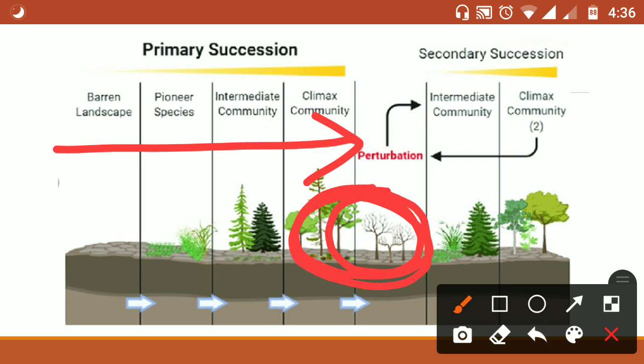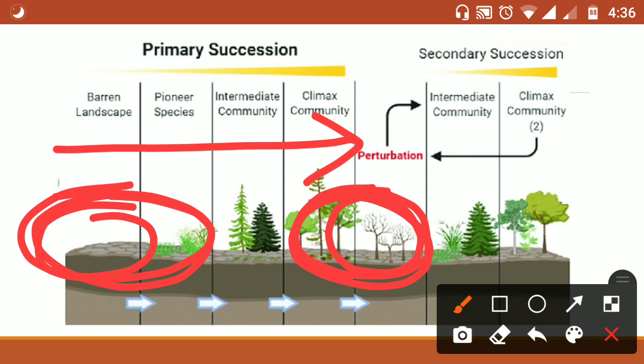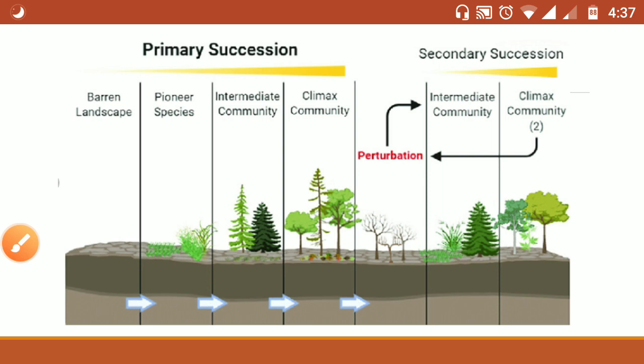Compared to primary succession, secondary succession is fast, because in primary succession plant communities, lichens and algae have to start from bare rocks. But in secondary succession, the succession starts from the soil. Soil is well developed there. Only the plants and animal communities that need to inhabit will come later. So it is a fast process compared to primary succession.